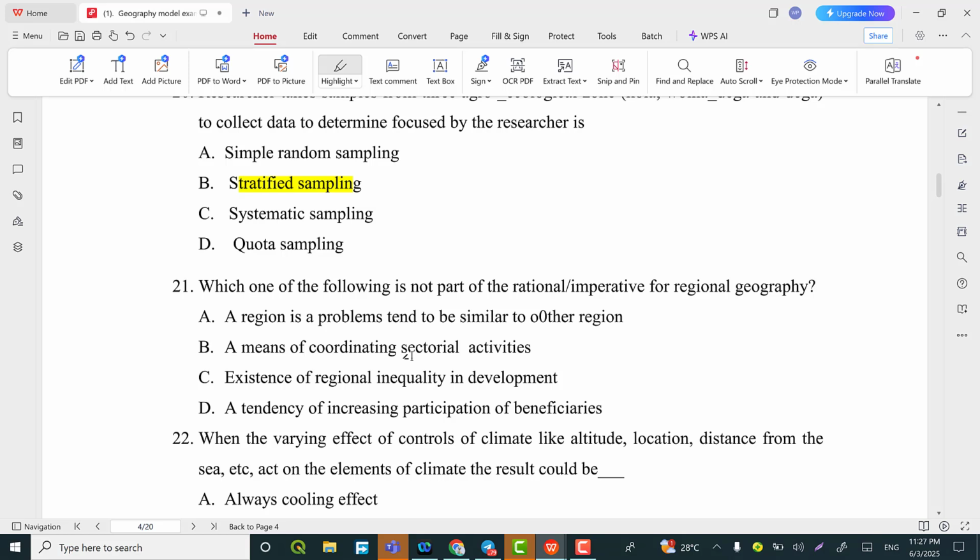For instance, natural regions are divided into three: the tropical zone, the temperate zone, and the frigid zone. The tropical zone is found between 0 and 23.5 degrees north and south. The temperate zone is found from 23.5 degrees up to 66.5 degrees latitude.